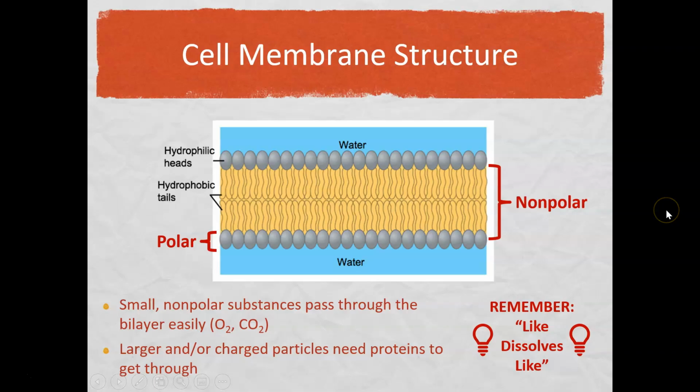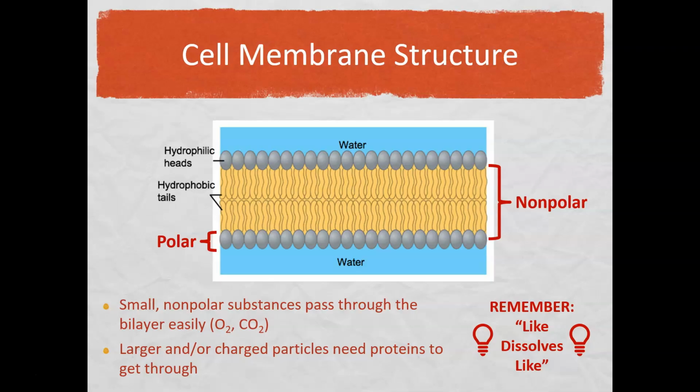So anything that's small and anything that's nonpolar, so size also matters, anything small and nonpolar is going to be able to go directly through this membrane, no problem. All right, so things like your gases, oxygen, carbon dioxide, those sorts of things are going to pass straight through. No need for anything extra to help.